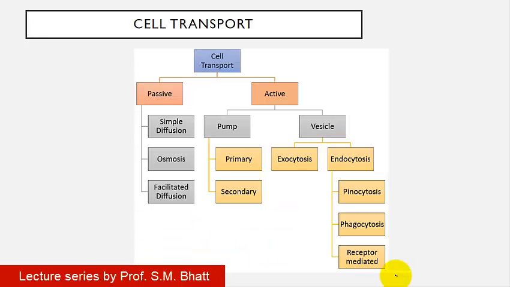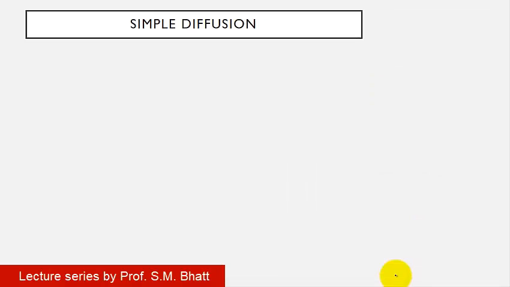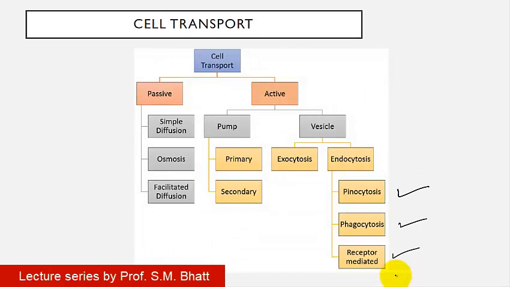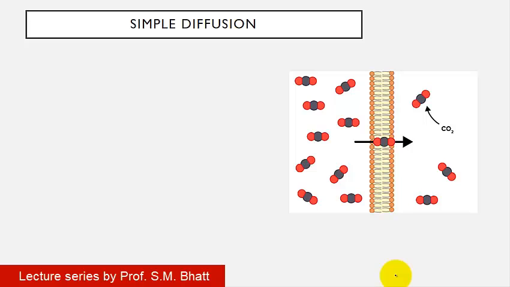Endocytosis can be classified into three: pinocytosis, phagocytosis, and receptor mediated endocytosis. A pump can be primary or secondary. And exocytosis is the reverse of endocytosis.